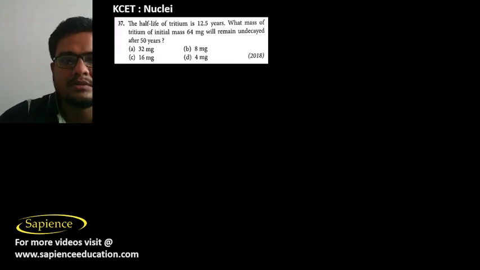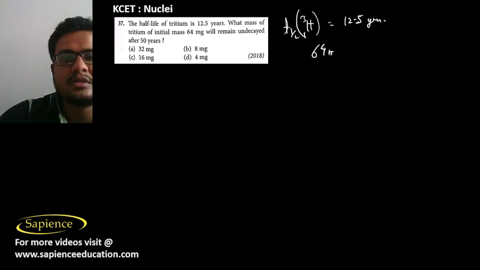Question number 37 is told, the half-life of tritium is 12.5 years. What mass of tritium, with initial mass 64 milligram, will remain undecayed after 50 years? 64 milligram is the initial mass, you can call it m naught.